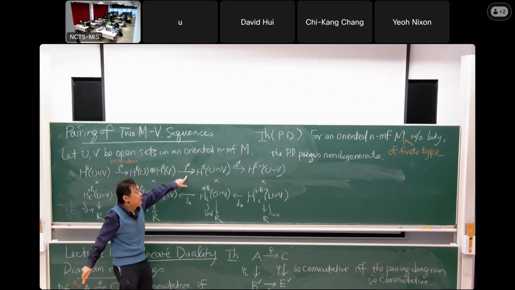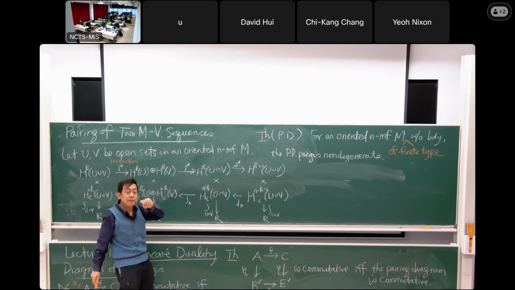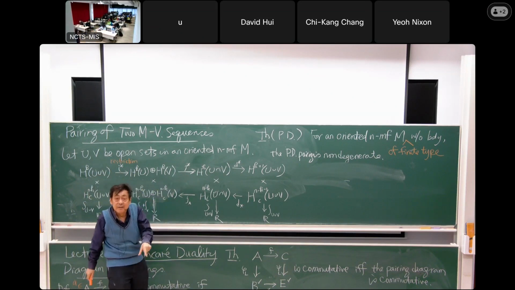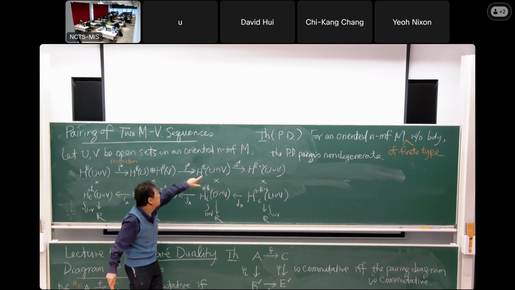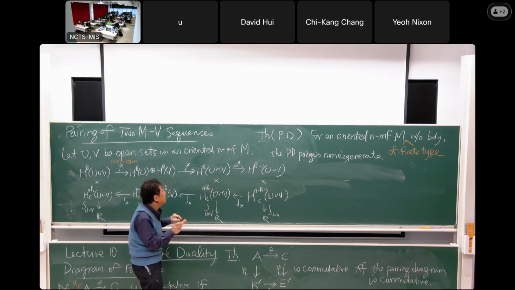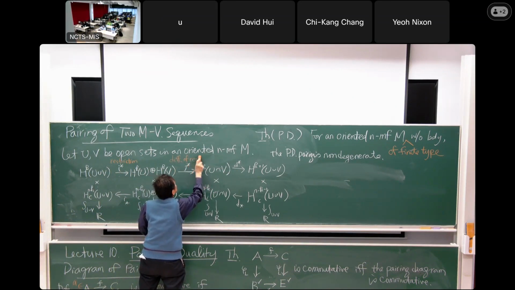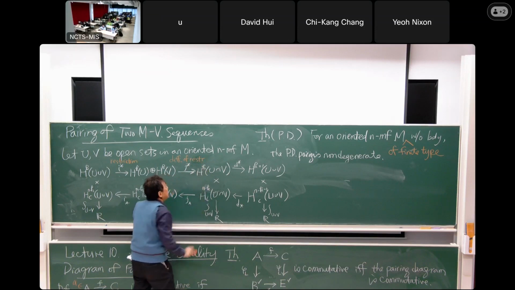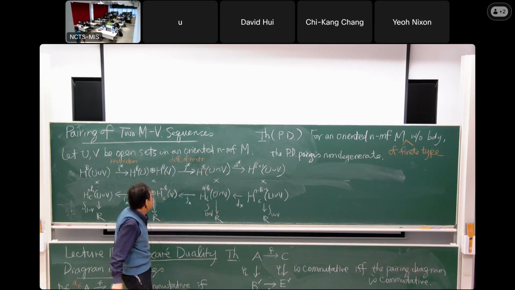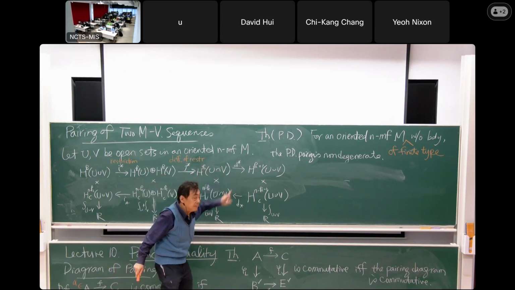And what is this map? It's a difference of the restrictions, okay? You have to restrict to the intersection and then take the difference. And that's a boundary map.